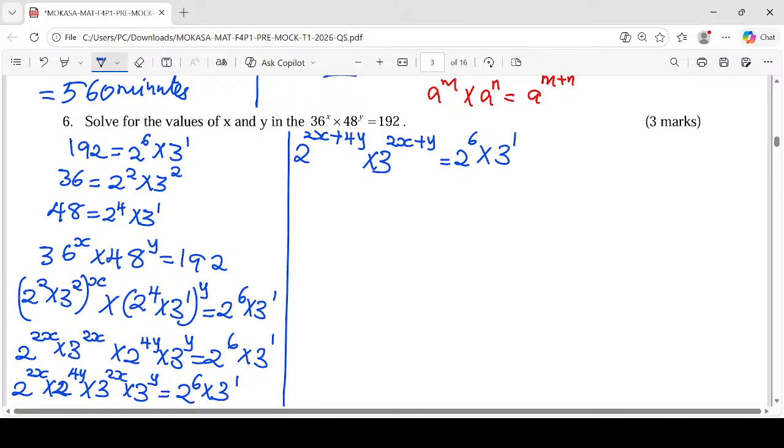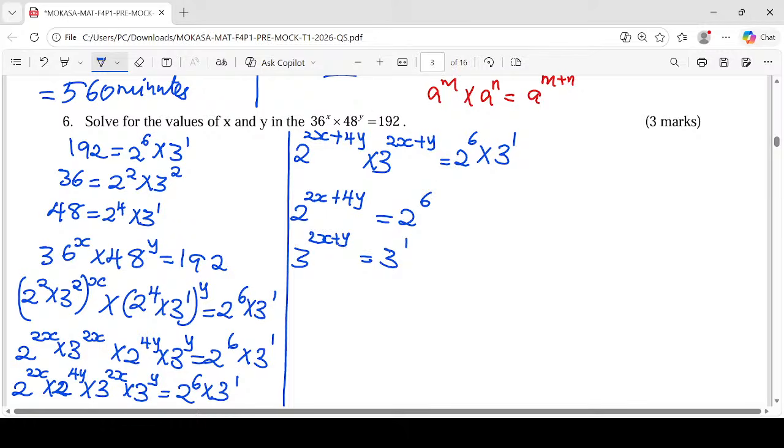So, let's now equate those with the same bases. We have 2 power 2x plus 4y. This should be equal to 2 to the power of 6. Then in the next case, we can also have 3 to the power of 2x plus y should be equivalent to 3 to the power of 1. If the bases are the same, we can drop the bases and proceed with the powers.